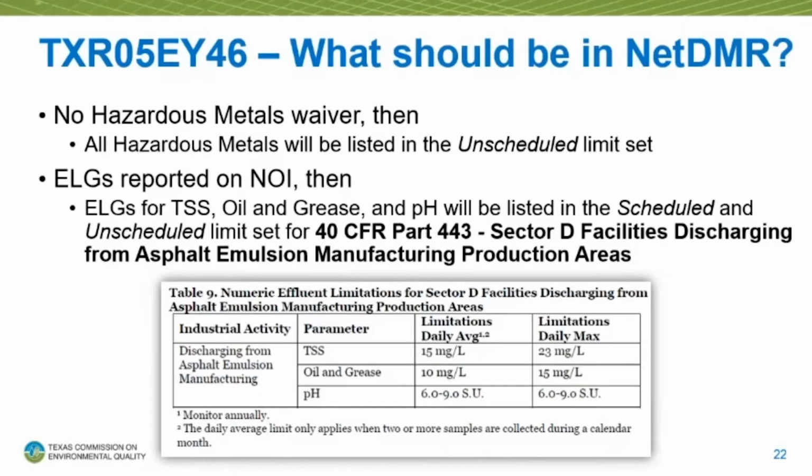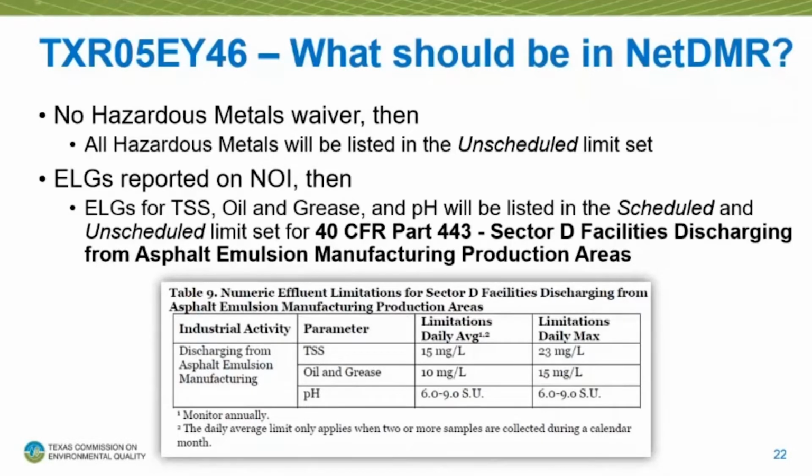Since they're not implementing a hazardous metals waiver, every one of those hazardous metals will show up in their unscheduled limit set for them to be able to report when there's an exceedance. They did identify that they are subject to those federal effluent limitations guidelines, or the ELGs. If you look in the permit at the item they identified, 40 CFR Part 443, this is for our Sector D facilities that are discharging from asphalt emulsion manufacturing production areas.